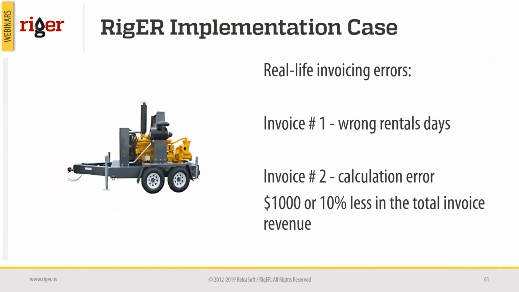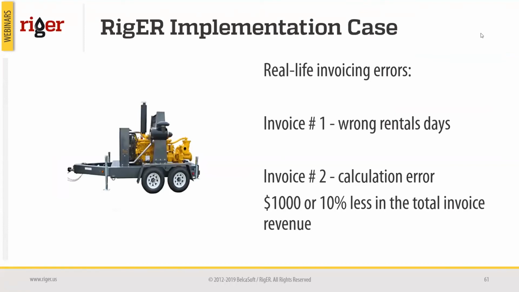But again, if the invoices are generated and calculated using just analog calculators, errors can appear. We saw a situation where an invoice had been generated manually, and on that one invoice, we saw that the rental days had been calculated wrongly.